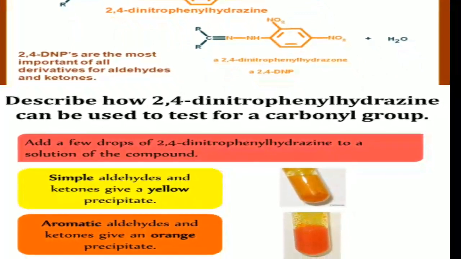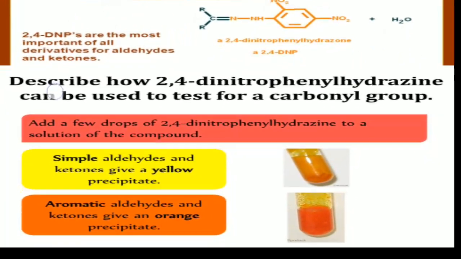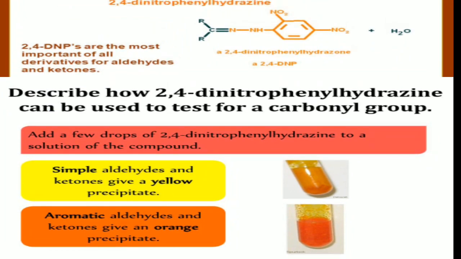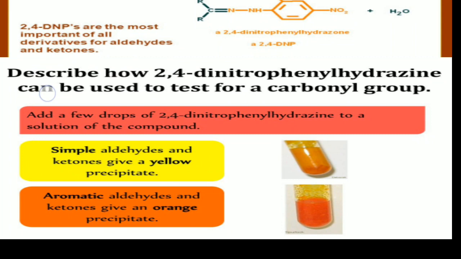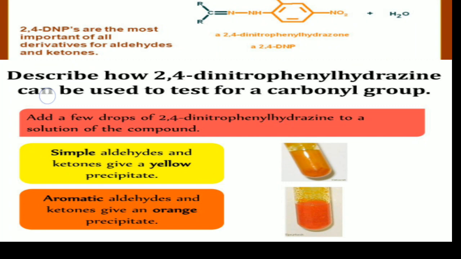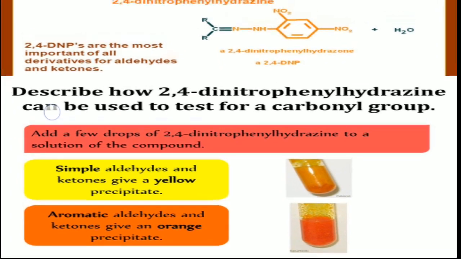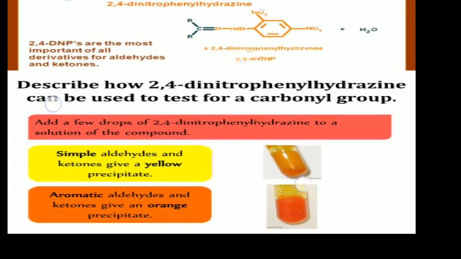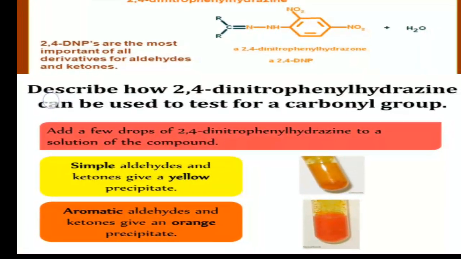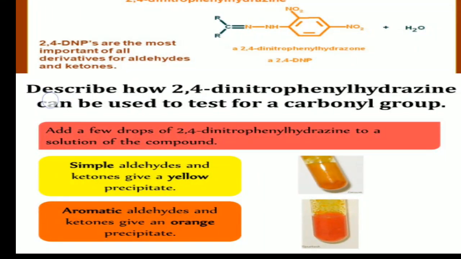By adding this 2,4-DNP solution to the aldehyde or ketone, we get a yellowish 2,4-dinitrophenylhydrazone, as we can see in the slide as yellow color. So it is an identification test for a carbonyl group.